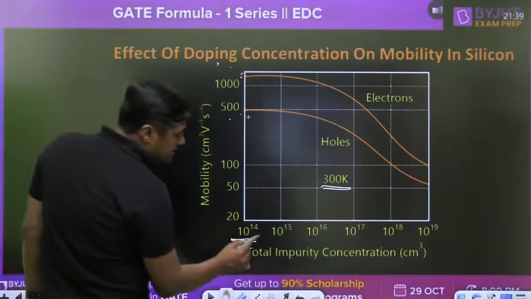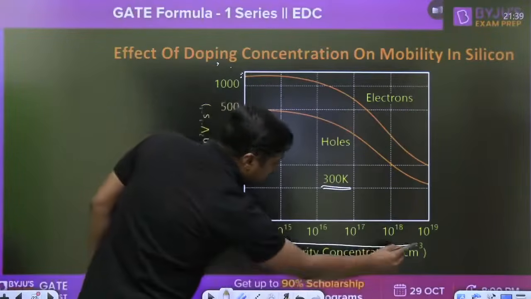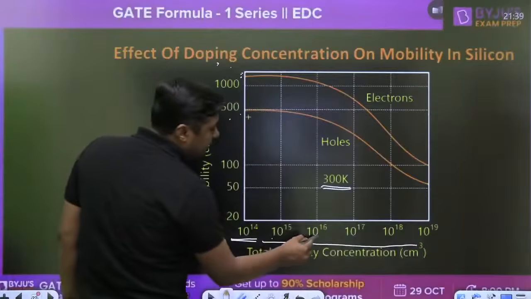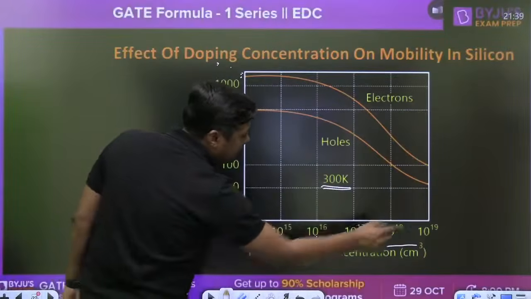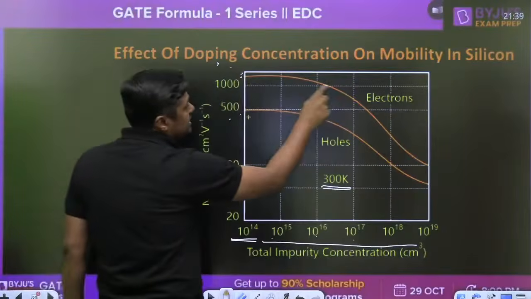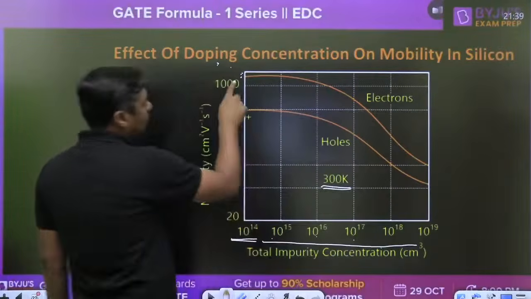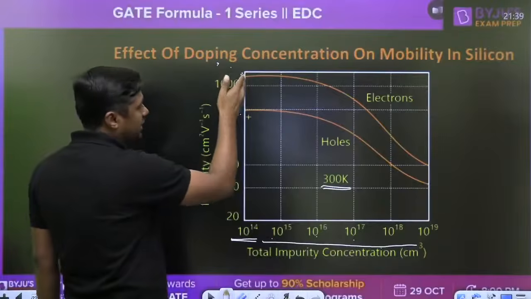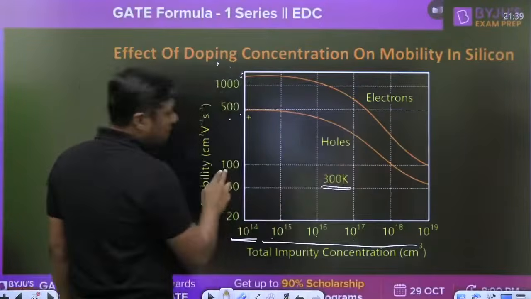When we are increasing the doping in this direction, 10 to the power 14, 15, 16, 17, 18 or 19, then the mobility decreases from around 1200 down to 100. That is a change in mobility of 10 times. Or from 500, it is reduced to 50, again 10 times.